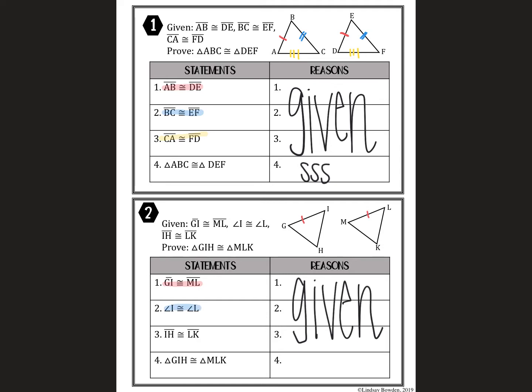So we're going to mark these angles with an arc mark. So angle I and angle L. And then our third statement is another set of sides. So second set of sides mean we double mark. So IH gets a double mark and LK gets a double mark. So now we've marked 2 sides and the angle right in between them. So this is side, angle, side.